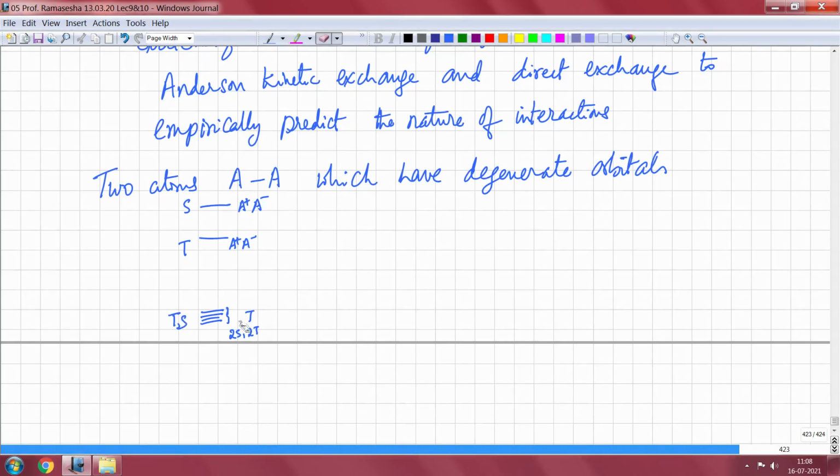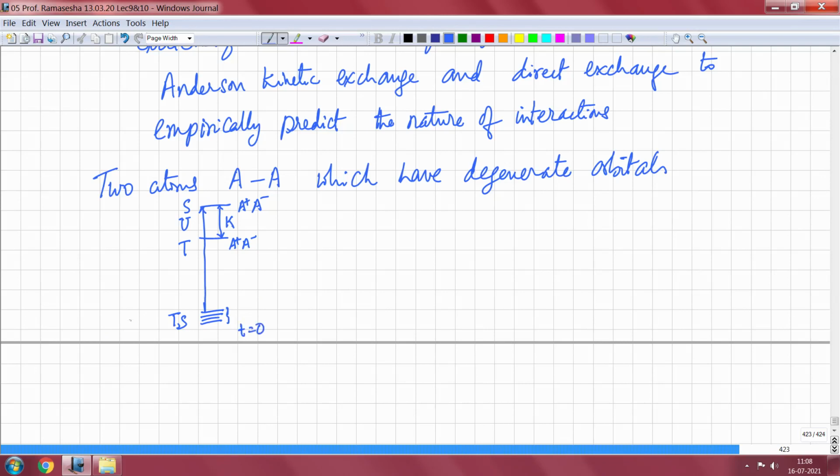So, let me remove this. Now what happens is, this energy is the energy U that we always talk about, and this energy is the direct exchange energy, which I call K in this case, so as not to confuse with the spin model Hamiltonian exchange parameter J. So now this is the configuration when t is equal to 0.